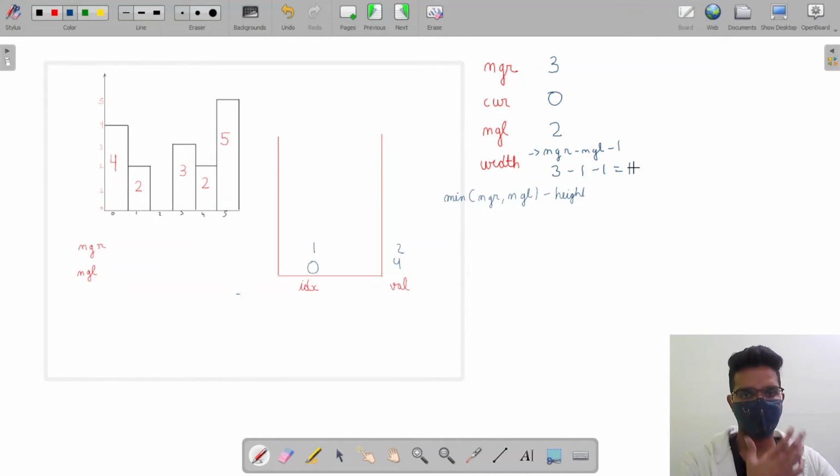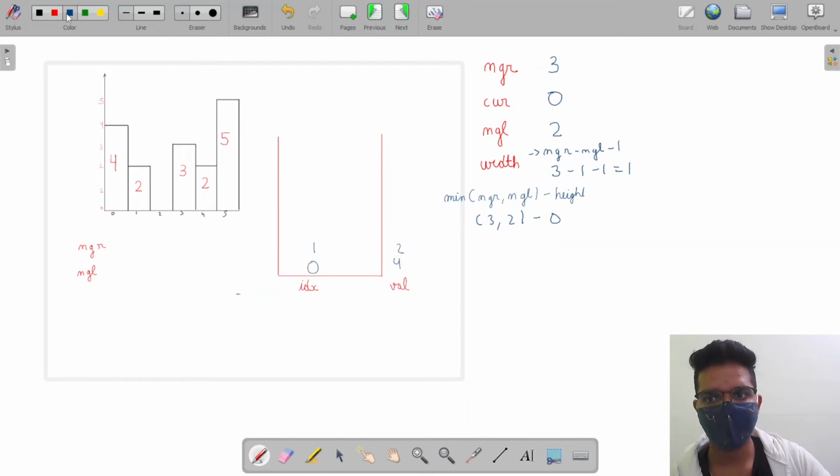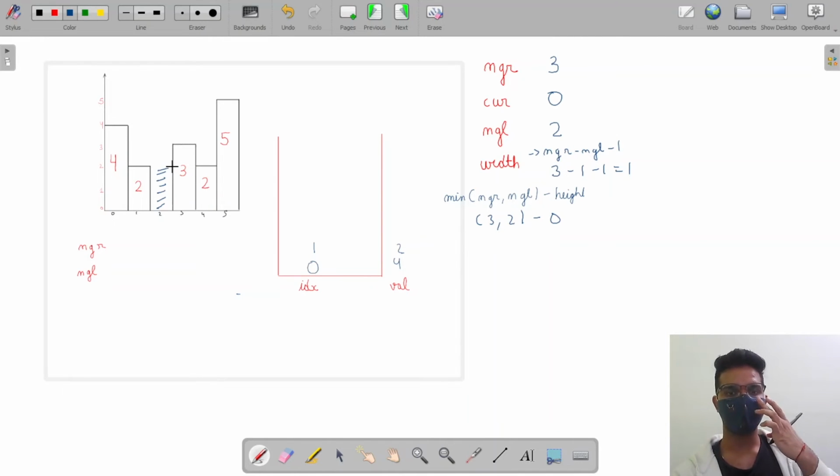So by this, if I compute, I will get the minimum of 3 and 2, minus height 0. That will give me 2. So that means here at the 2nd index, I can put 2 units of water. 2 units of water will get trapped.